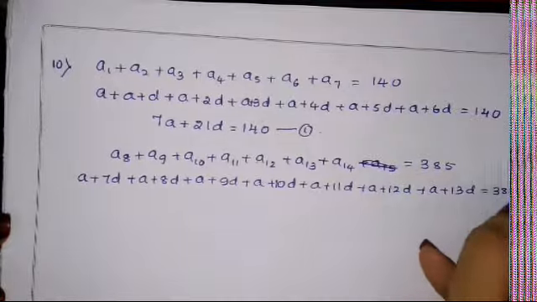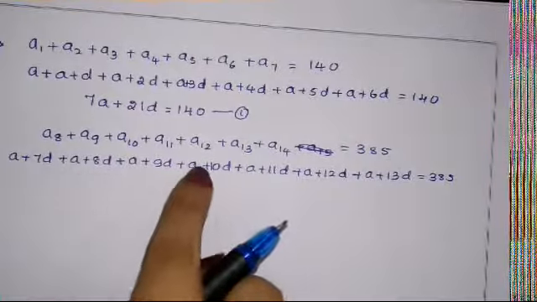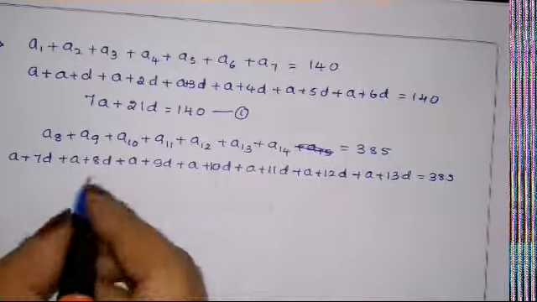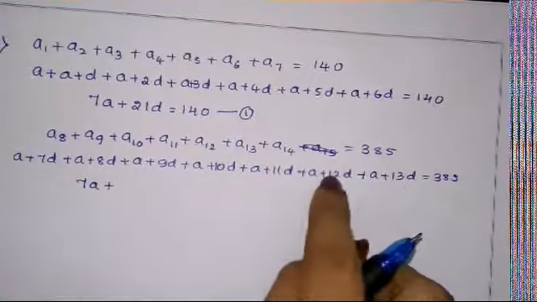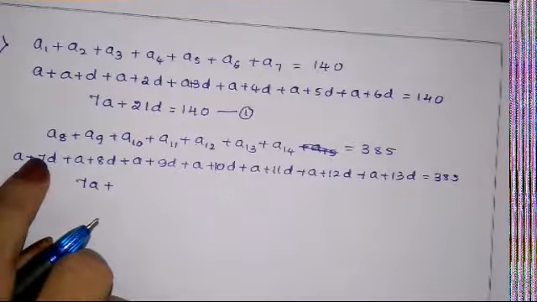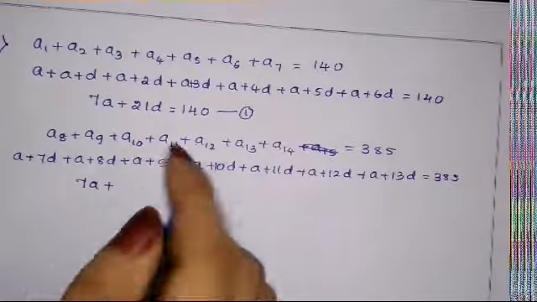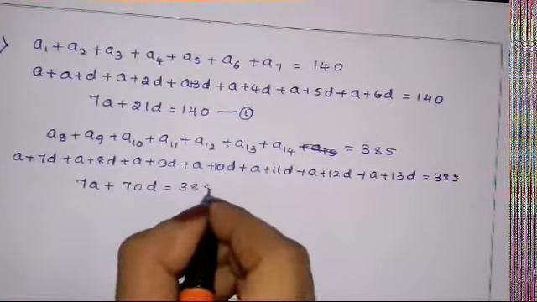This is equal to 385. Now, how many A's? 1, 2, 3, 4, 5, 6, 7. 7A plus, if we add all these D's, 13D, 12D, 11D, 10D, 9D, 8D and 7D, we are going to get 70D, is equal to 385.